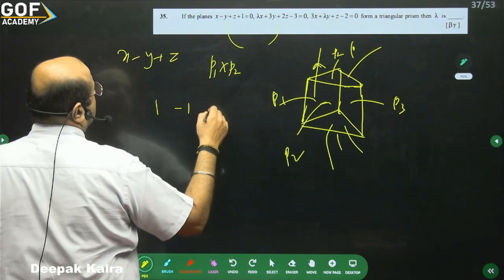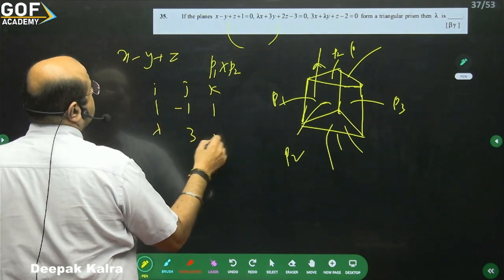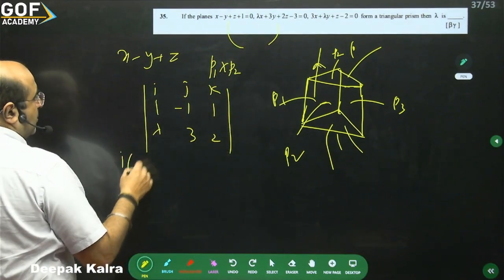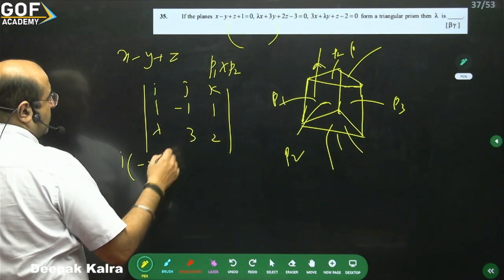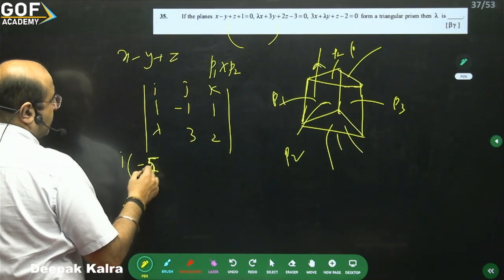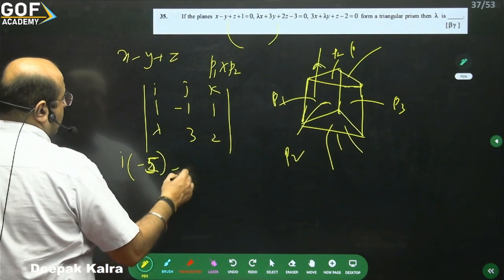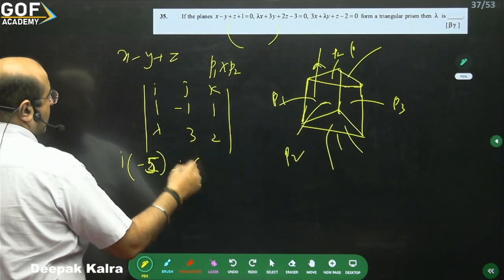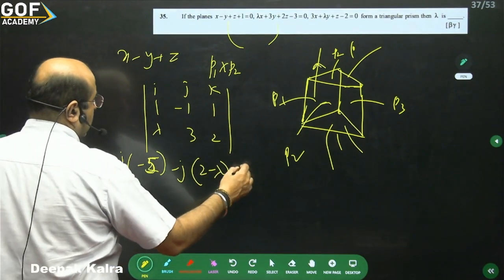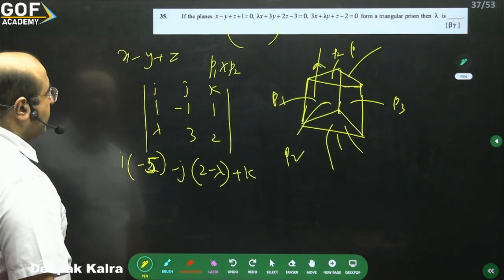So take i, j, k; 1, minus 1, 1; and lambda, 3, 2. First two planes. So minus 2 minus 3, minus 5 i, minus j times (2 minus lambda), plus k times (3 plus lambda).